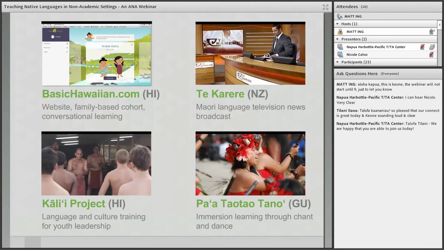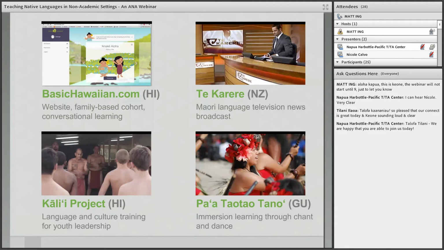Oftentimes, when we look at language, we look at the fact that the language is not being continued because younger people, for whatever reasons, are not speaking it as much. And so the incorporation of youth with this non-academic way of learning might reinstill the importance of the language within the culture.